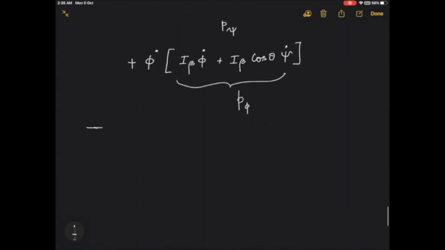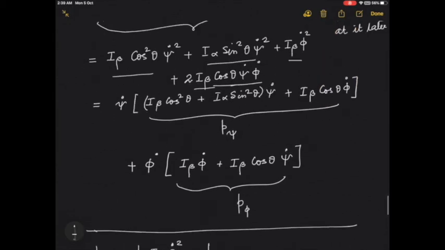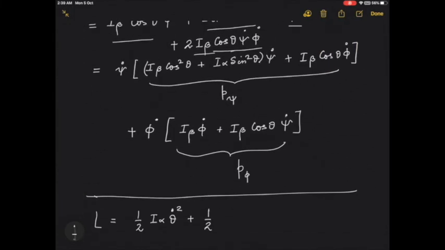So let us now try to look at what happened to our Lagrangian. Our original Lagrangian was half I alpha theta dot square plus half, well, whatever is there with this half is essentially p phi phi dot and p psi psi dot, minus mgl cos theta.